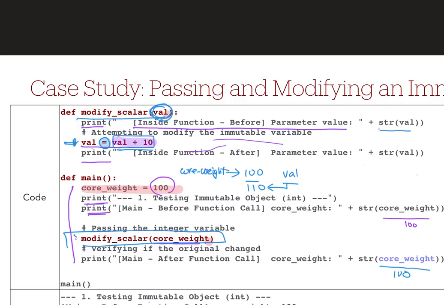This 110 will be printed here in this print line, and that's the end of the body of the function. So right after the execution of the print function, the value and the name of the variable VAL will be erased. Okay? But there is still a connection between core weight and 100. So if you try to print the value of core weight, 100 will be displayed.